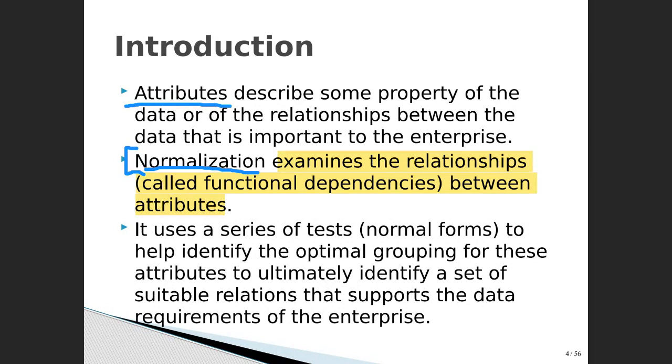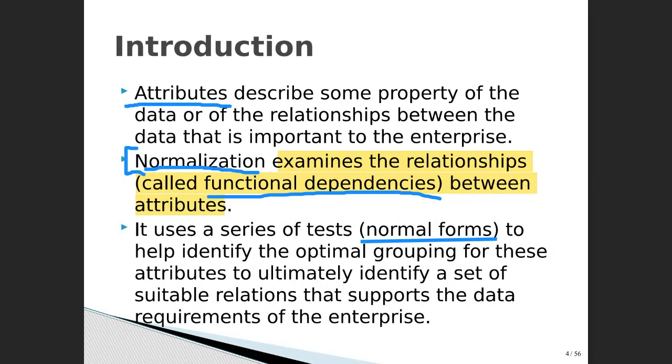We are examining the relationship, which means functional dependencies. The relationship between attributes is known as functional dependencies. So we will use a series of tests, which we call normal forms. We will identify groupings of these attributes and a suitable set of relations.